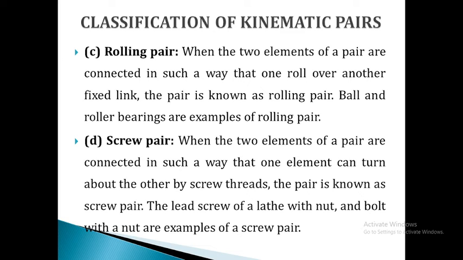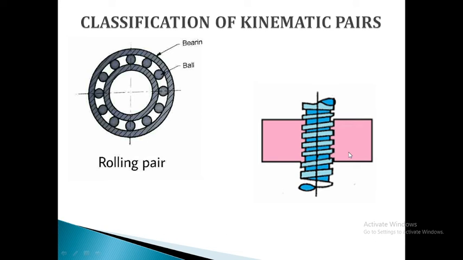The lead screw of a lathe machine with nut is an example of a screw pair, and bolt with a nut are examples of a screw pair. So what is a screw pair? In a screw pair, one link has a rotational motion along with a linear motion. Specific linear motion is known as the screw pair. Here, see this diagram.